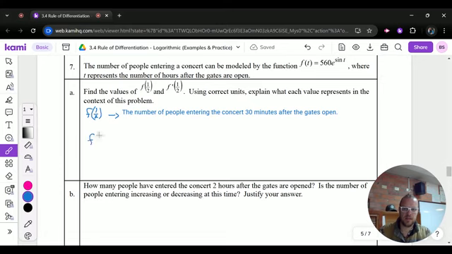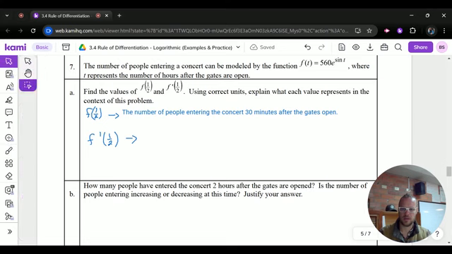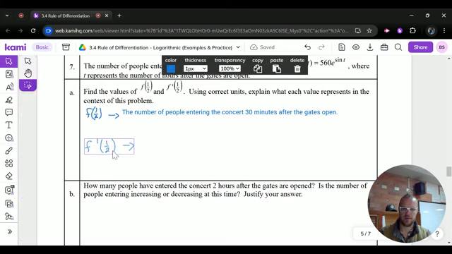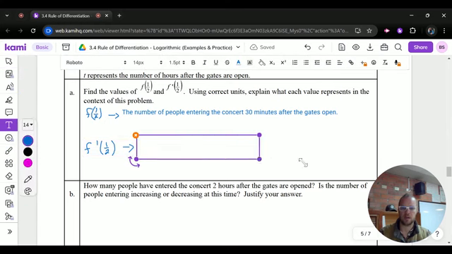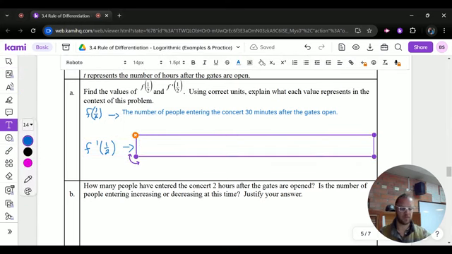Okay, then let's find out what f prime of 1/2 is. And you'll notice here, I'm not giving us an answer yet. What we're doing so far is just coming up with what this actually represents. What does it mean? Because I find that's often more helpful for us. If we know what it means, it's a lot easier to find the answer and understand it. So this is the derivative. So this is how fast this is happening.